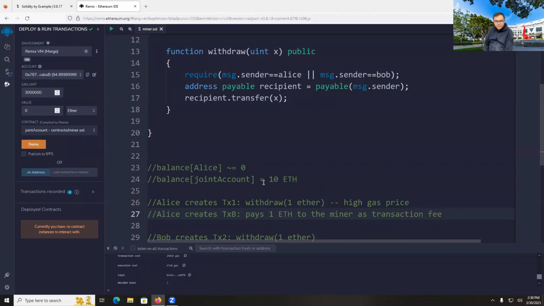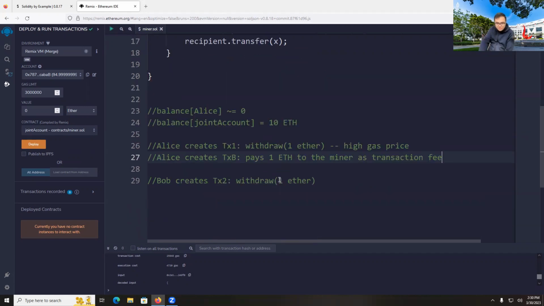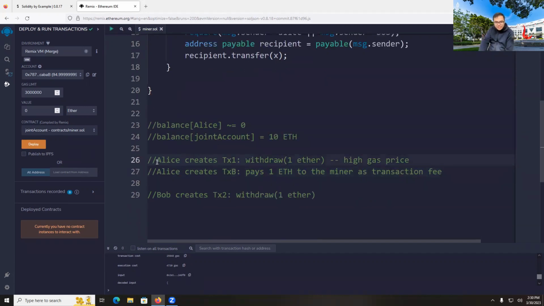Okay. Now, here's the problem. If Alice publishes both of these transactions at the same time, and let's say Bob is also publishing his transaction at approximately the same time, the miner now has a choice to make, right? So the miner can put Bob's transaction first, and that means that Alice will not receive any money from this contract.